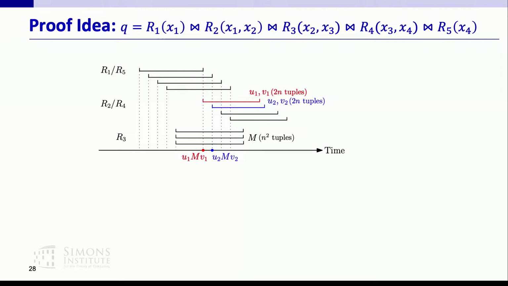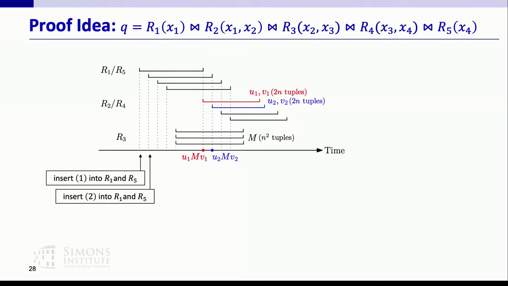It will insert at the initial point, and then the vectors will be inserted and deleted. Then you want to do the OuMv reduction. But here we only have a first in, first out update sequence. How to do that? The idea is that we use R1 and R5 as the indicator.